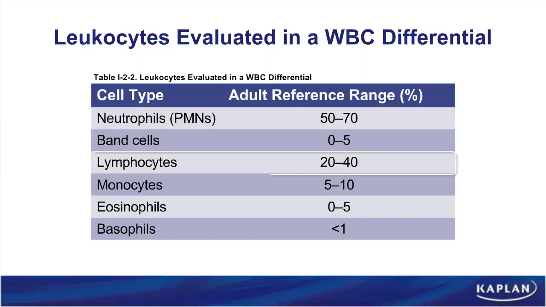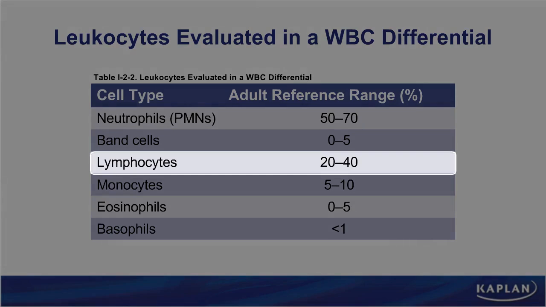Next on the list after neutrophils are going to be our lymphocytes. Lymphocytes typically are going to comprise about 20 to 40% of your white blood cell count. And you would see a shift in your number of lymphocytes when you have things like viral infections. You would anticipate a much higher lymphocyte count for a viral infection versus a bacterial infection.